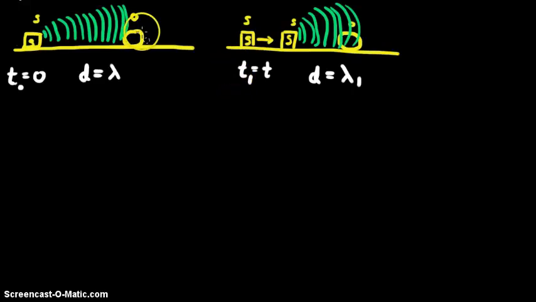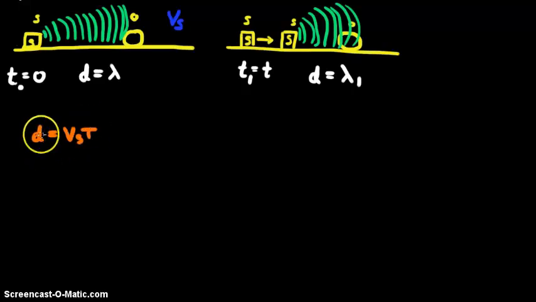One more thing I forgot to tell you: the observer is at rest and the source is moving with the velocity vs. Then after time t, the distance traveled by this source would be d equals vs into t, of course, because displacement equals velocity into time.